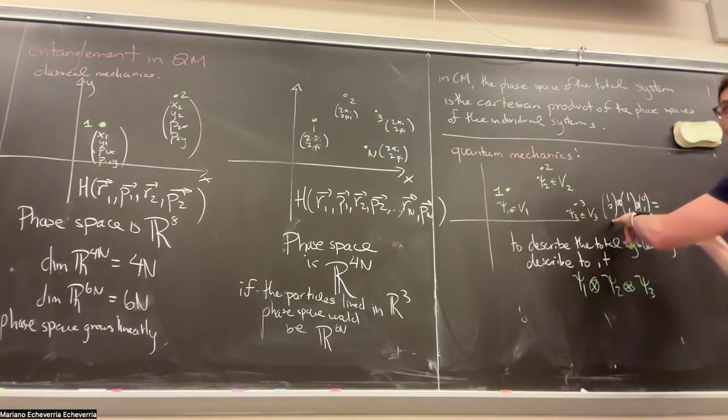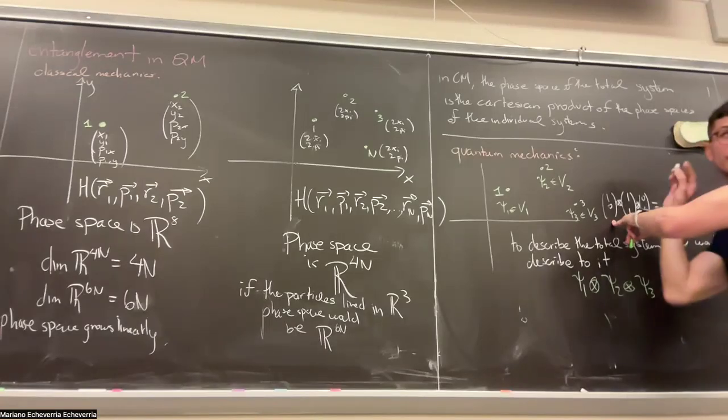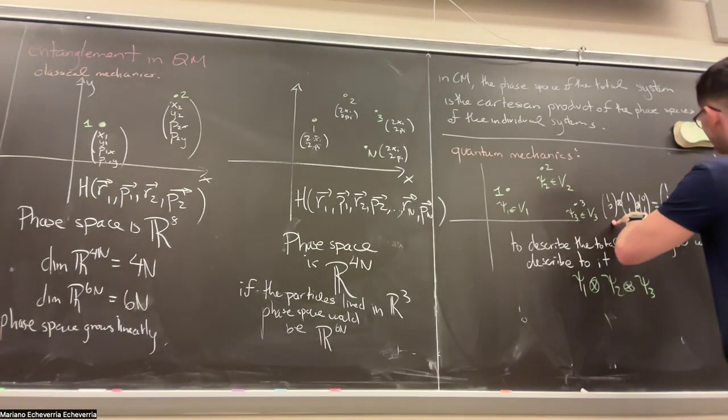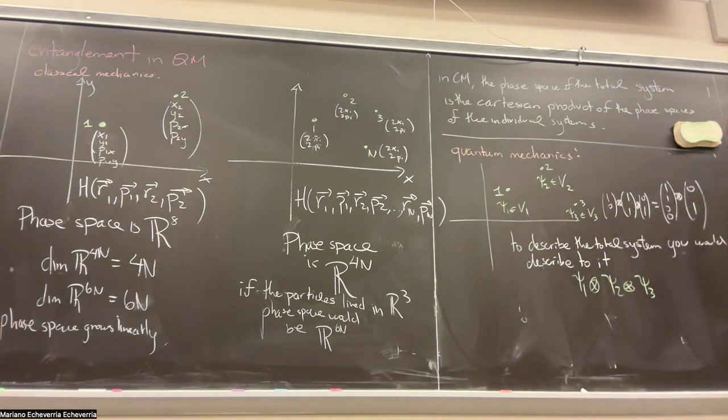The first two we already found, and the tensor product is associative, by the way, thankfully. So it's 1, 1, 0, 0 tensor 0, 1, right? So 4 times 2 is 8. So now you need something with 8 entries: 0, 1, 0, 1, and then 0, 0, 0, 0.